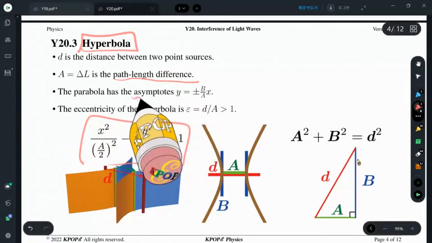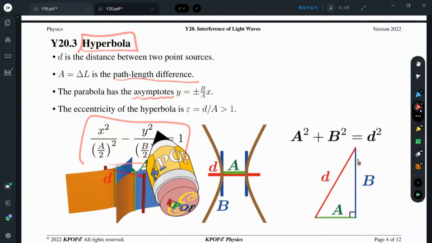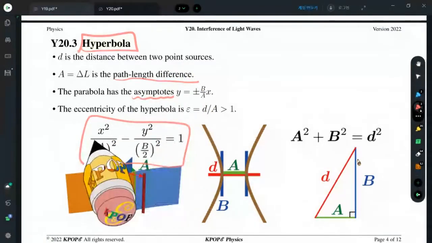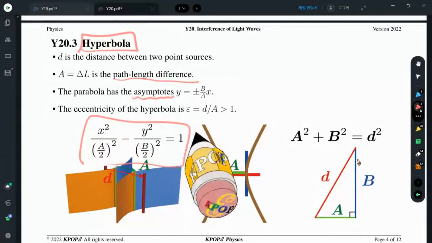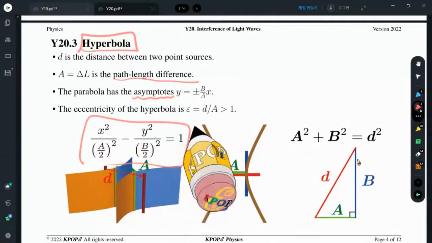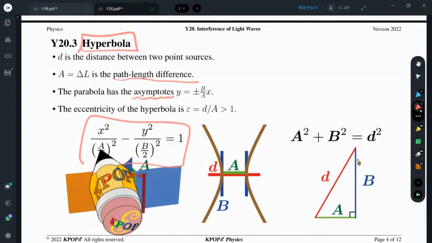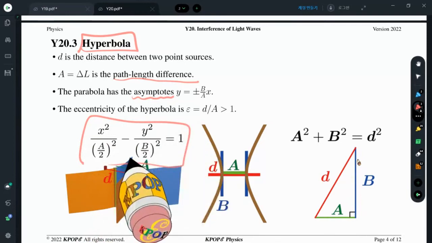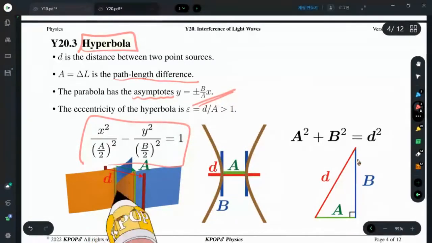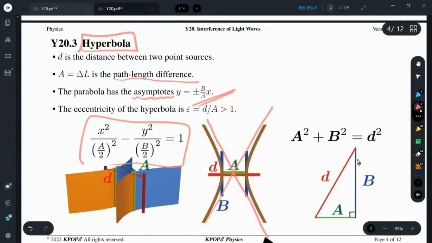And we have asymptotes as x and y go to plus or minus infinity. If they are very large, then this 1 can be ignored, so it is approximately 0 in comparison with x and y, and setting it equal to 0 becomes the equation for the two asymptotes. So they approach the two asymptotes. Okay.